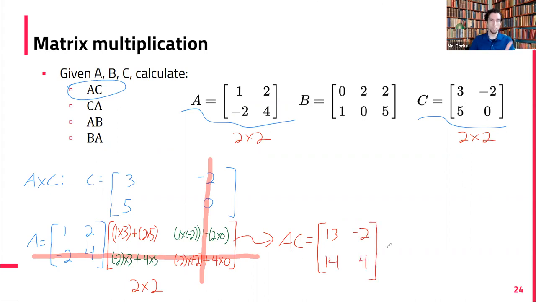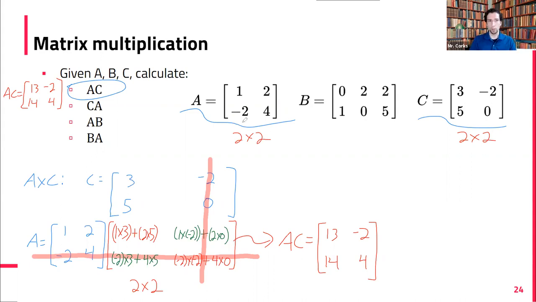There we go. A times C is equal to that. So it took a while and we had to write out a bunch of stuff, but there's our result. So that's what matrix multiplication looks like. So I'm going to write that out on the side here as well. AC is equal to 13, -2, 14, 4.